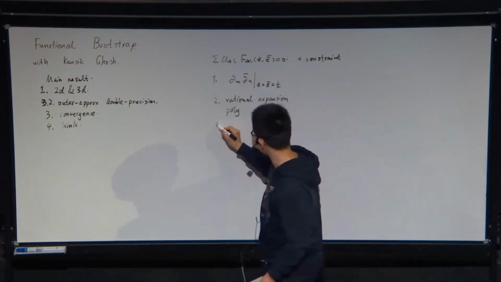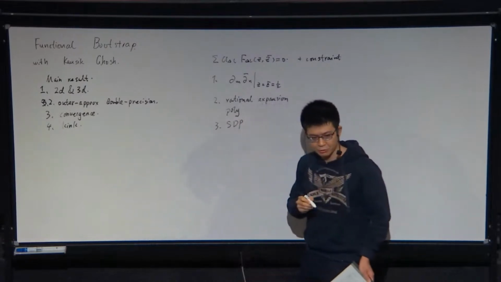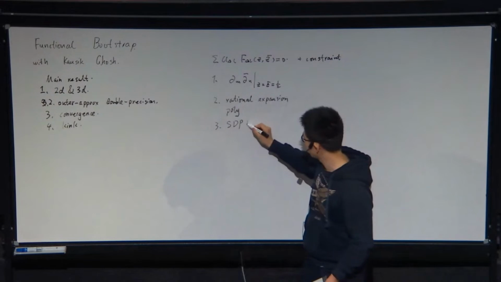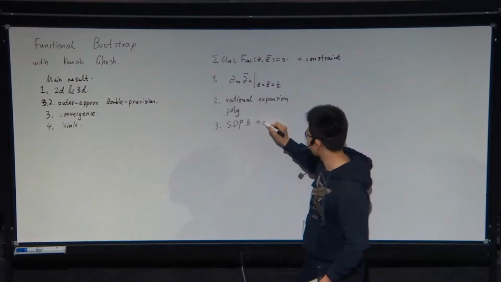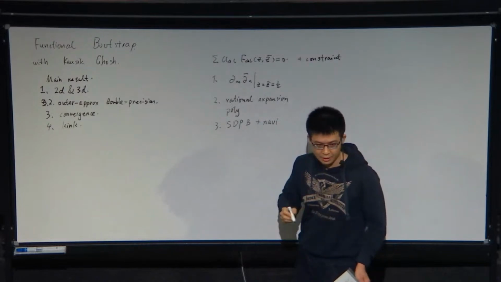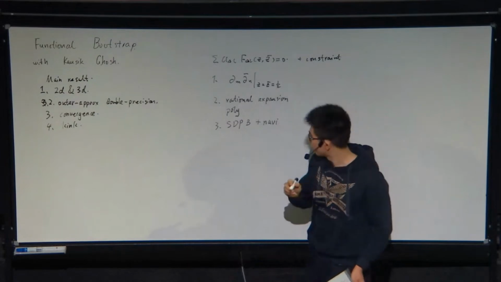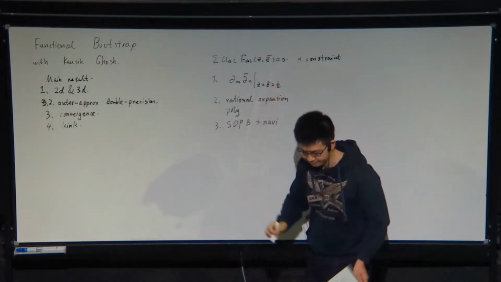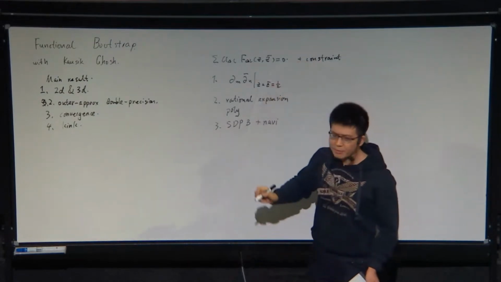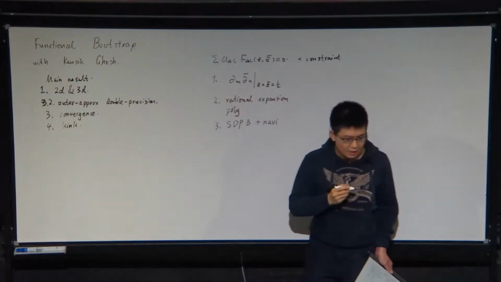So that at the last step, we use SDPB, which is an efficient arbitrary precision solver, to solve this SDP and use a navigator to decide where we can find the allowed region of our spectrum under this constraint.